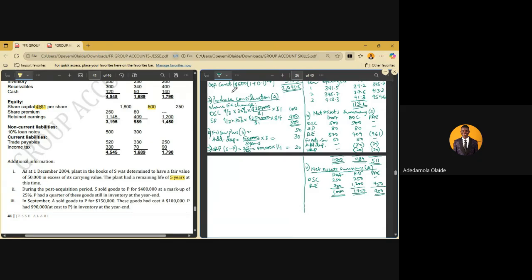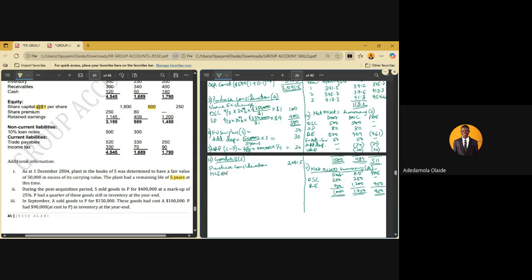Good. So we have what next? We should be calculating the goodwill. So for S, goodwill will be purchase consideration, which is 2041.5. Then NCI.